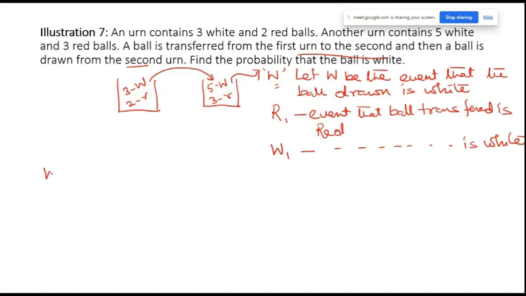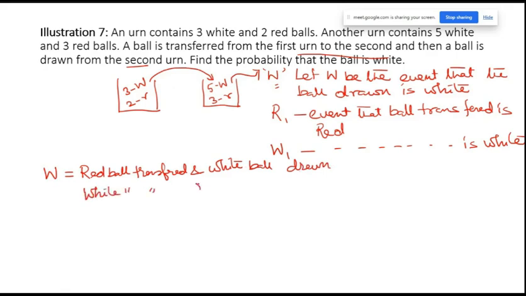So W can happen in two ways. What are the ways? First is that a red ball is transferred and a white ball is drawn. And second way is that a white ball is transferred and a white ball is drawn.